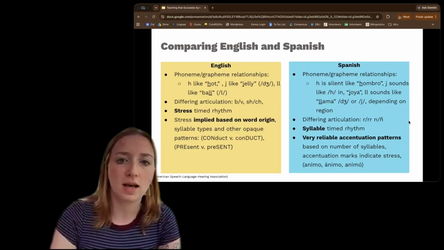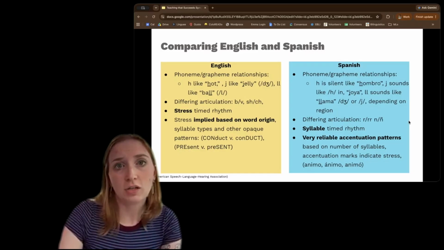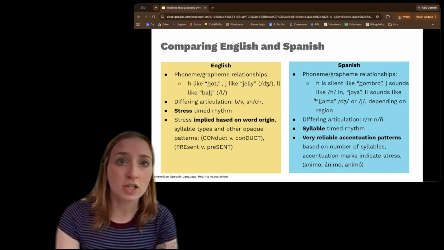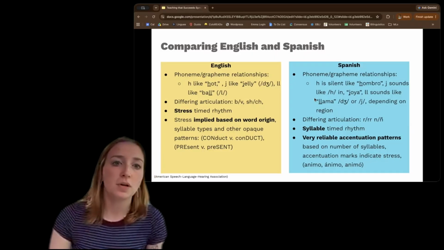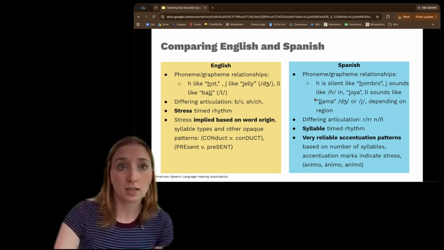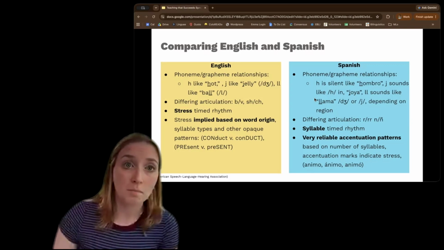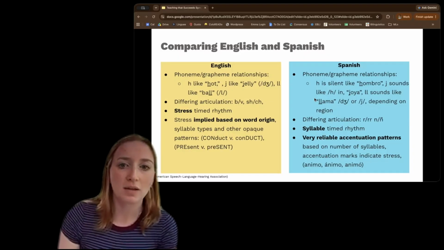Something else that's different has to do with the rhythm and the accentuation used in Spanish. I don't have a lot of time to get into that today, but in English, these things are implied based on the origin of a word. So, for example, the word conduct and conduct look exactly the same on paper, and you need to know based on meaning and where the word's origin comes from how to correctly pronounce that word.